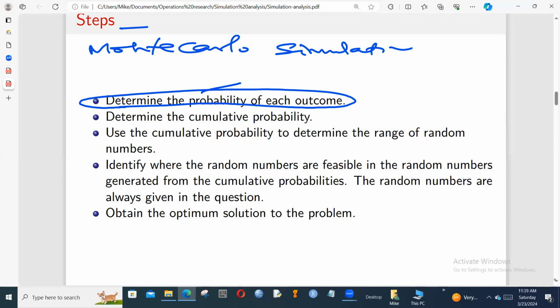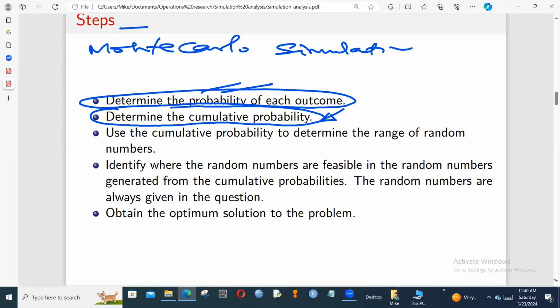Then once you have the probabilities of each outcome, we shall be creating what we call the cumulative probabilities. Once the probabilities of each outcome are given, it's easy to compute the cumulative probabilities. And we compute them just the same way we compute cumulative frequencies given frequencies.